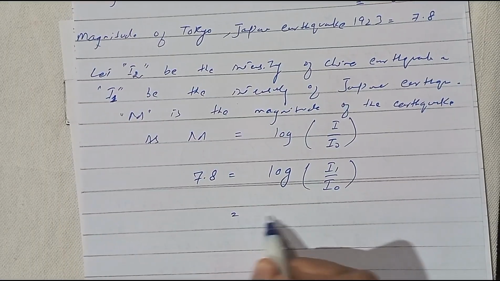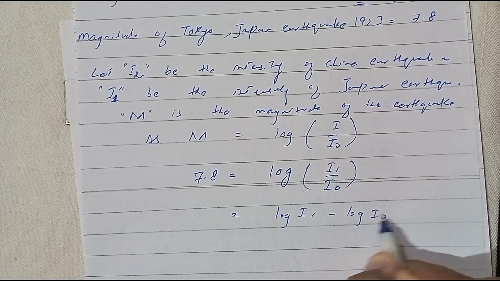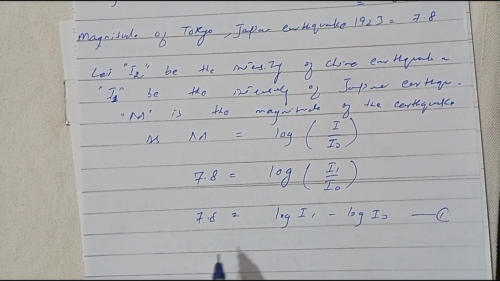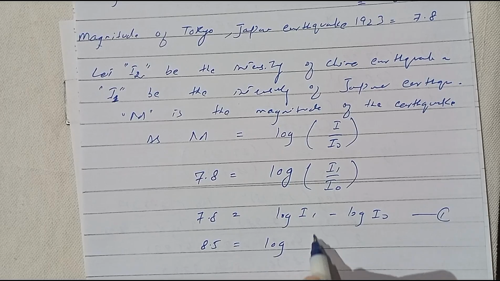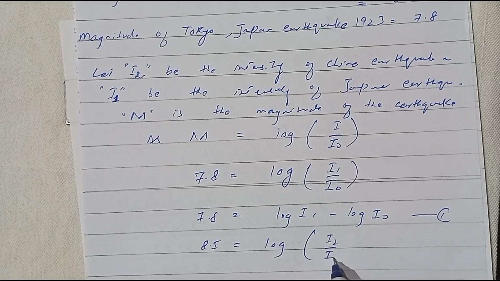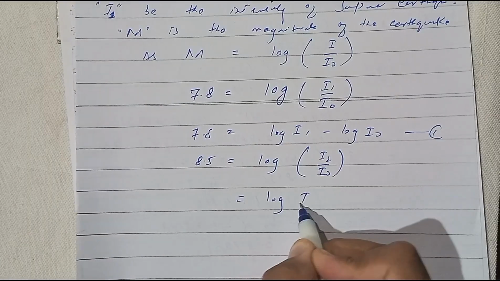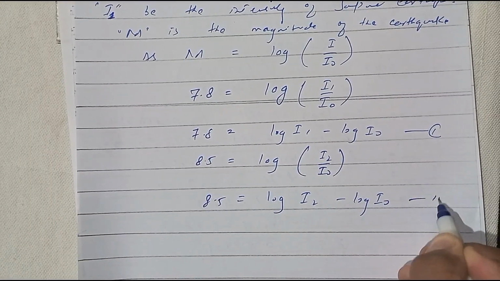So by quotient law we write it as log of I1 minus log of I naught, that equals to 7.8. Equation number 1. Now the magnitude of China is 8.5 and we write it as log of I2 divided by I naught, and by quotient law we write it as log of I2 minus log of I naught. This is the equation number 2.